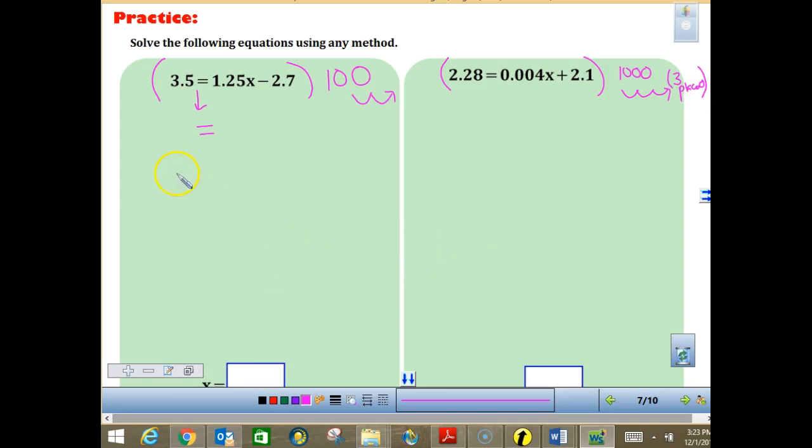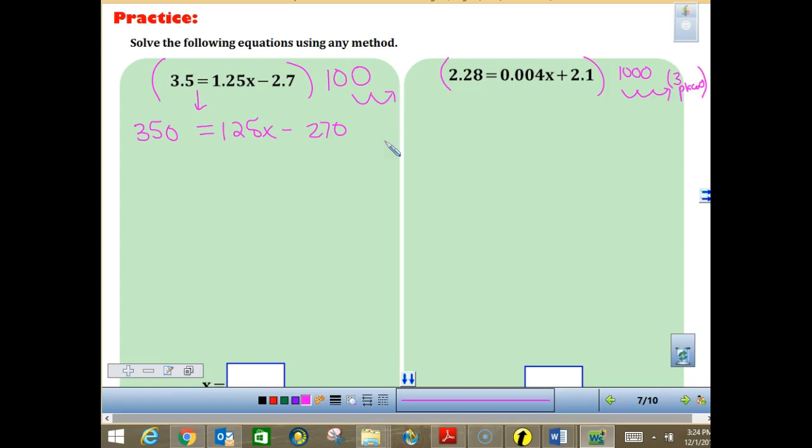So the first one, Sam, you ready to tell me what we had? 350. Yep. Equals 145x minus... All right, I'm solving it. What am I doing, Sophia? Did I get it right? No. Yeah, I'm sorry.